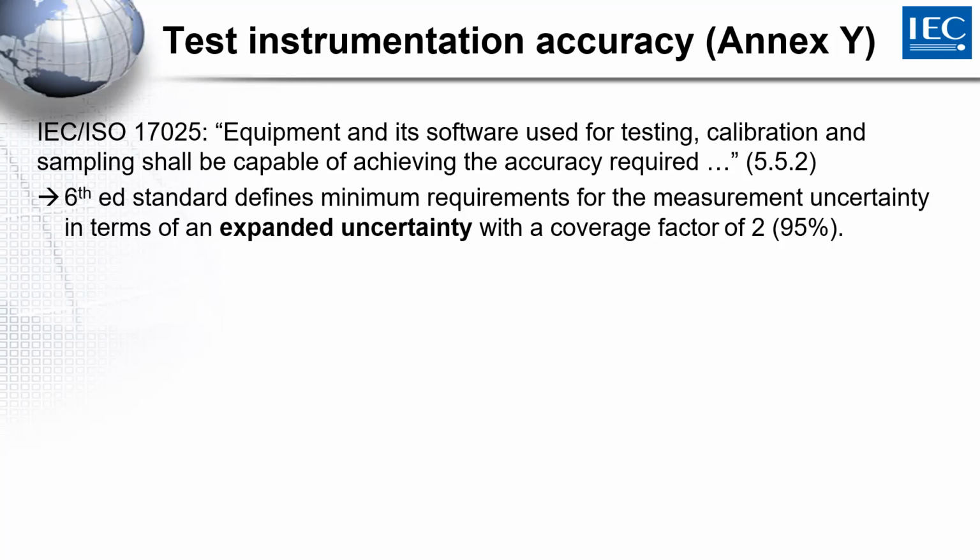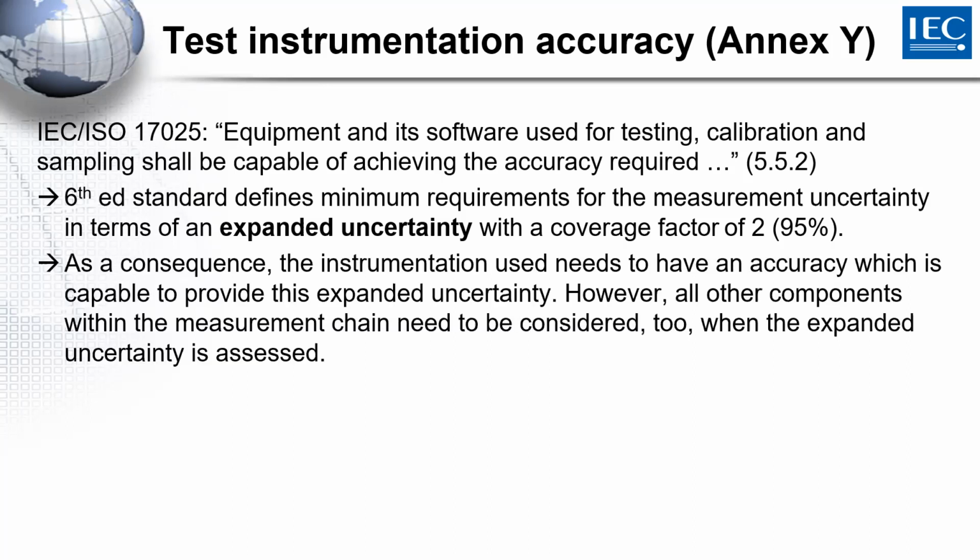And this is the way how we decided to define the required accuracy of a measurement. And this is defined in the standard. It's defined on one side in the text of the standard, or it's defined in the Annex S, which is the reporting tables.